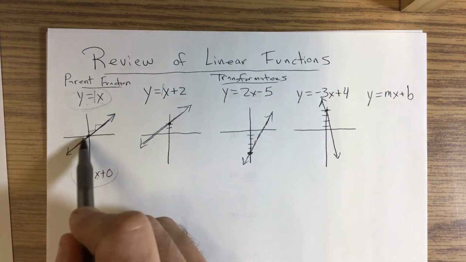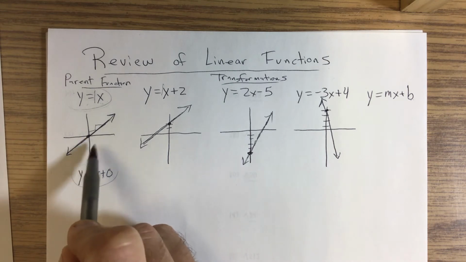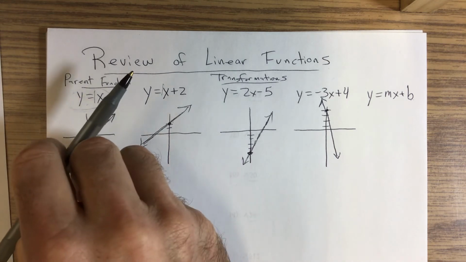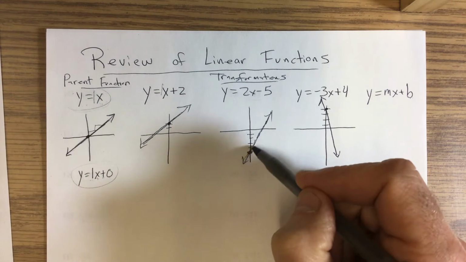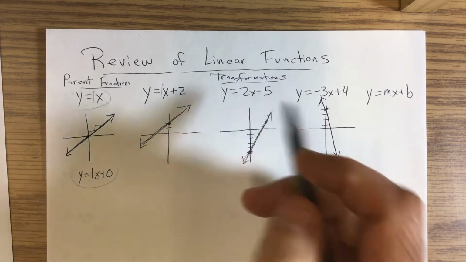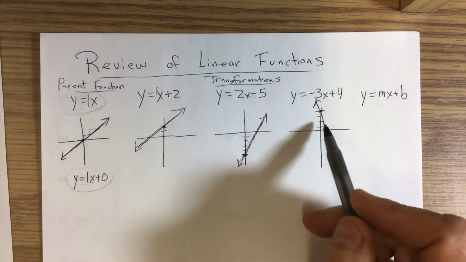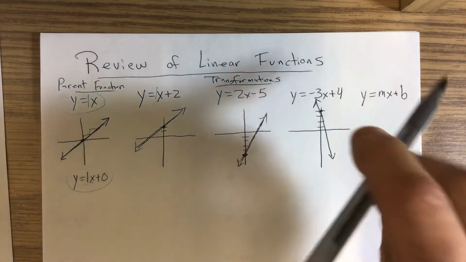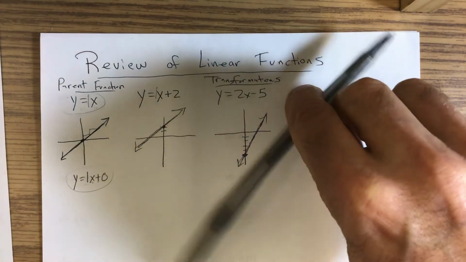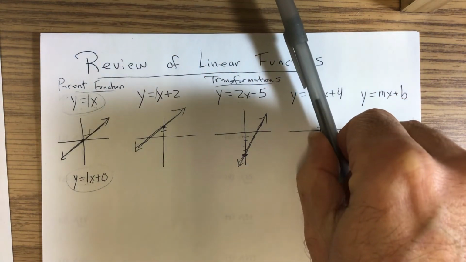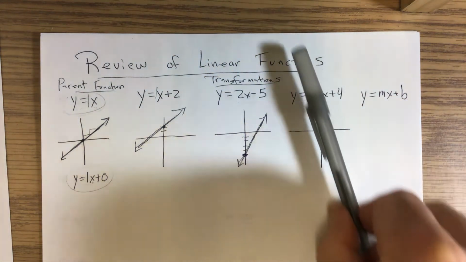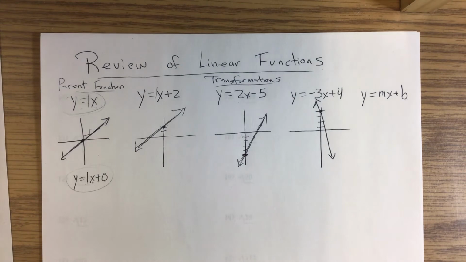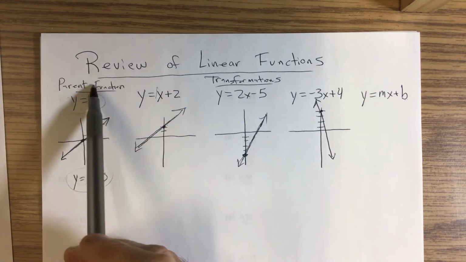So not only did this slide down 5 units, it sort of shifted up a little bit like that. That's why it looks steep, because the slope is a little steeper. And this one, of course, shifted 4 units up, and then it has a negative slope. So it rotated to a kind of steep negative slope, negative 3. Okay, so those are transformations of the parent function.